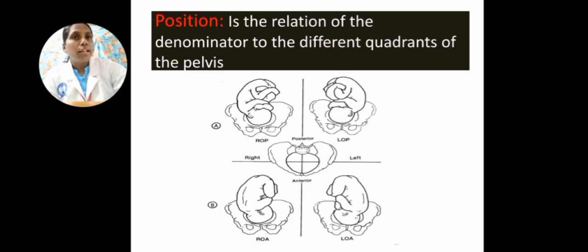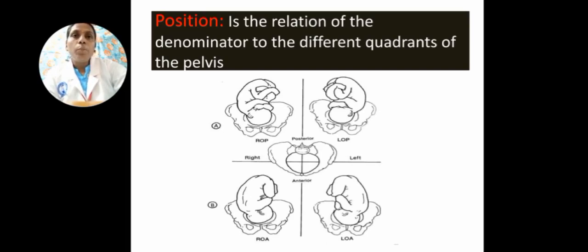Again, the position can be either right or left. So in case of normal, we consider that the denominator is facing the anterior part of the pelvis. So in a vertex presentation, when the occiput is facing any one of the iliopectineal eminences, we call the position either right occipito-anterior or left occipito-anterior.